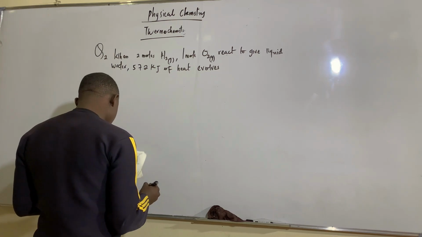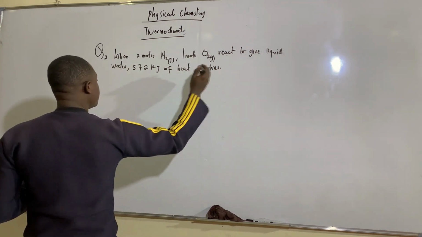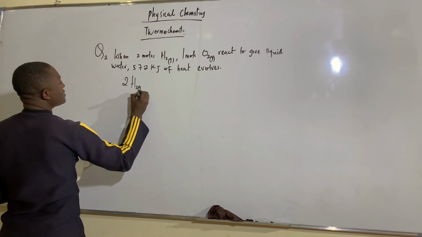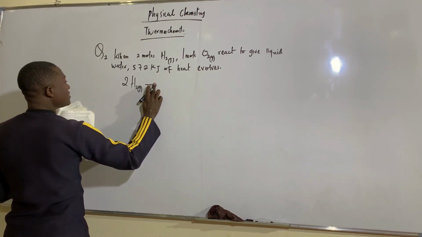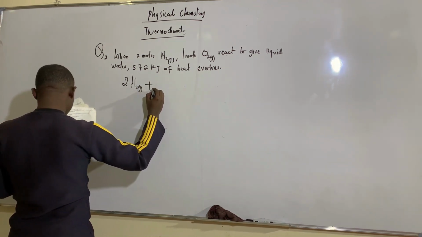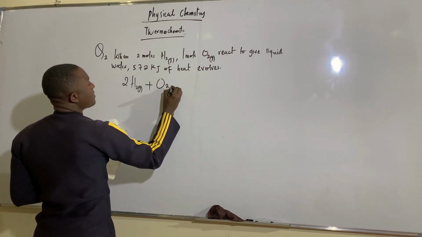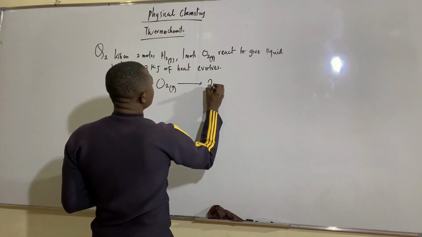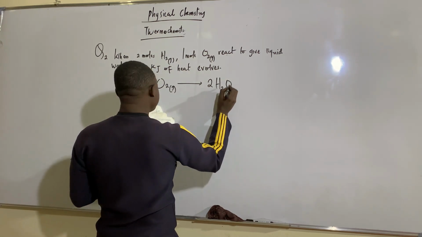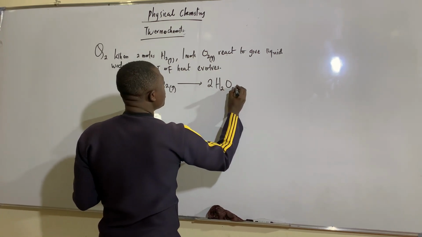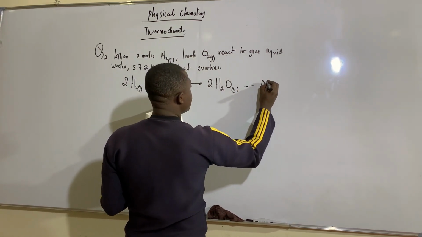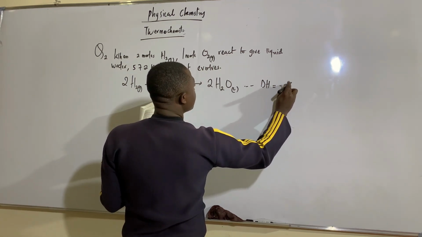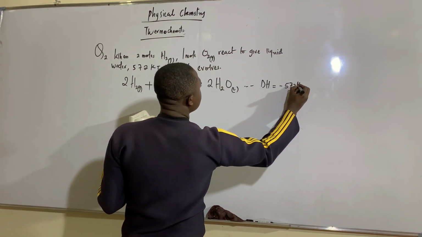So they now said, okay, according to these equations, we are given this: 2 hydrogen gas plus oxygen gas give 2 water. It's liquid, and they said its energy level is minus 572 kilojoule per mole.